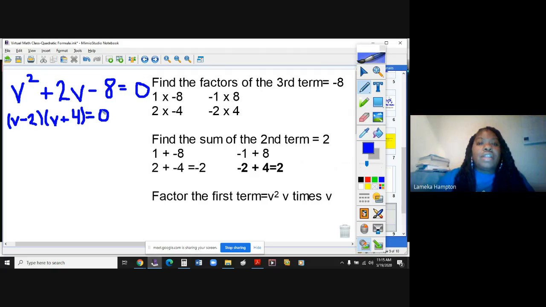Now, when we worked last week on the quadratic expressions, this would have been our final answer. That would have been it. We wouldn't have had to do anything else.